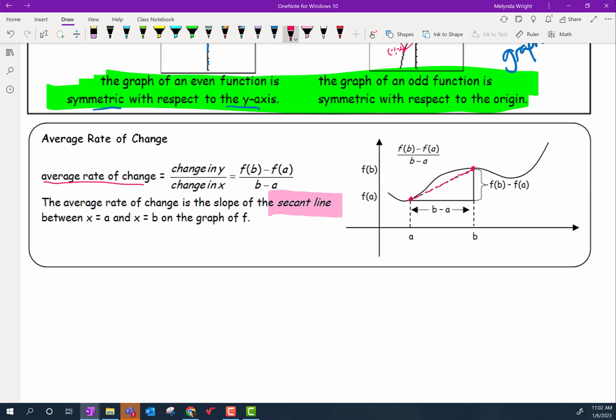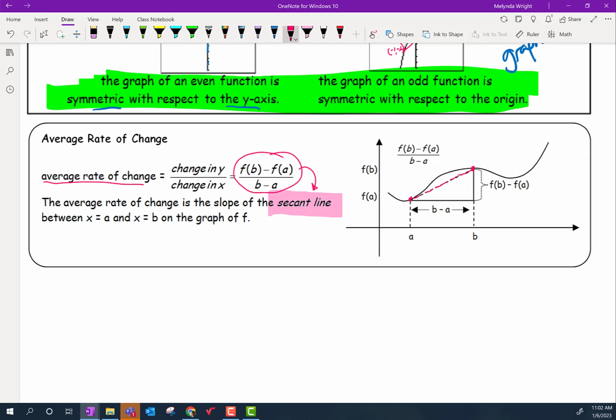Hopefully, back in Algebra 1, you learned that slope is a rate of change. Have you heard slope talked about as a rate of change? So slope is a rate of change. What this formula does is calculate the average rate of change, which is related to the secant line.